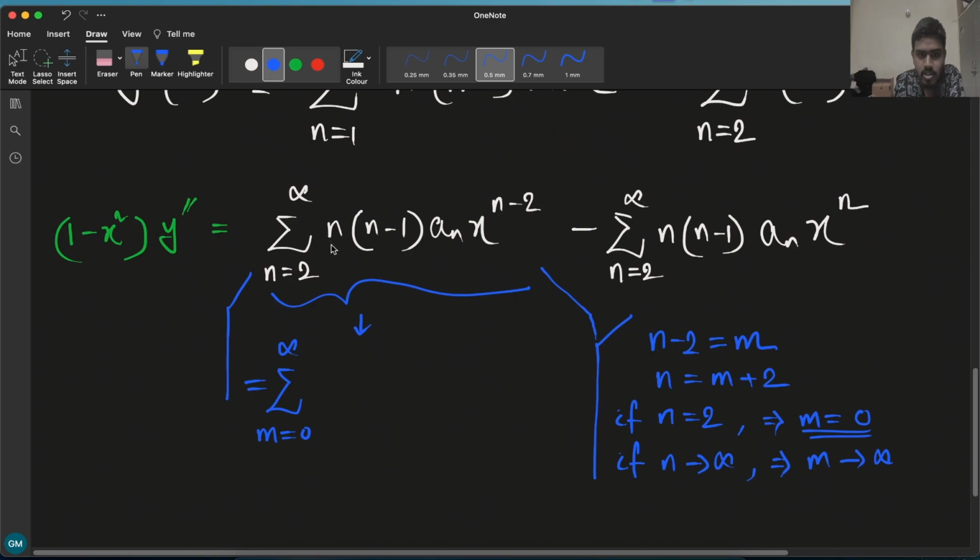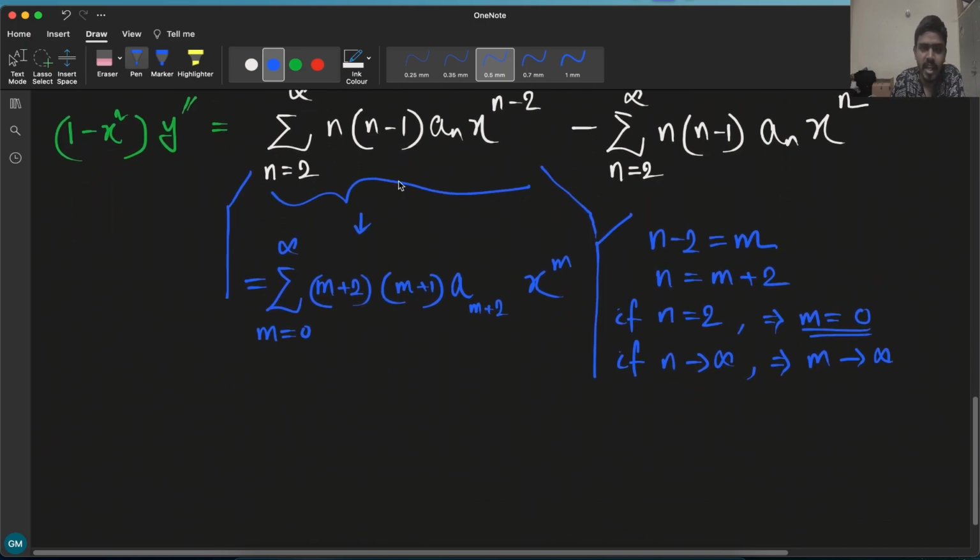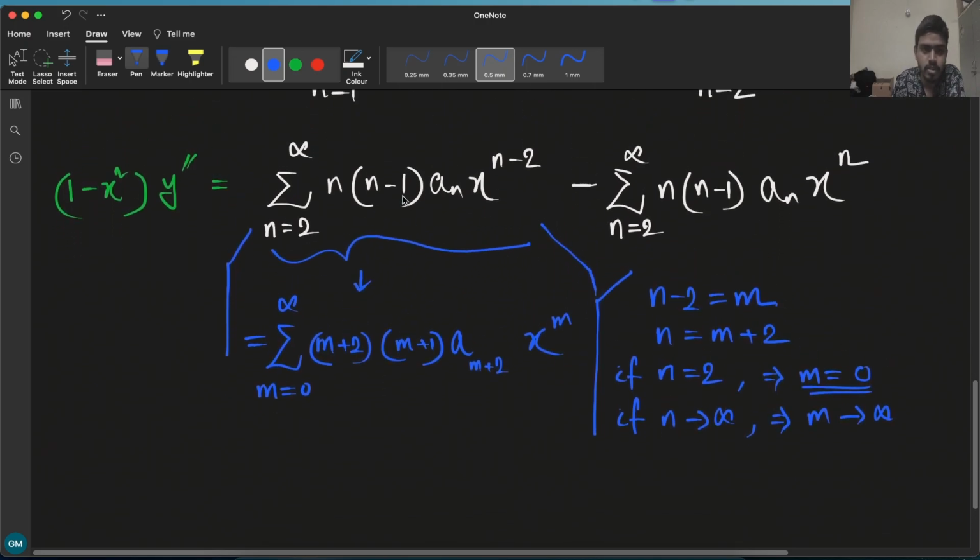Instead of n, I will write m plus 2, and then there is a minus 1 sitting here, so it will be (m plus 1) a of (m plus 2) x to the power m. I am only considering this first term.